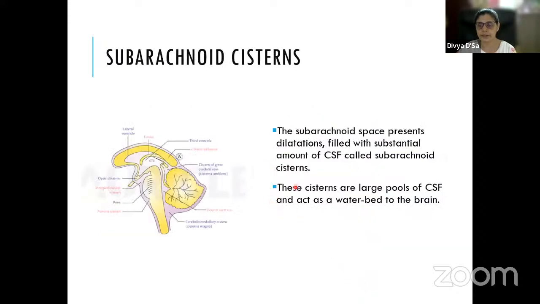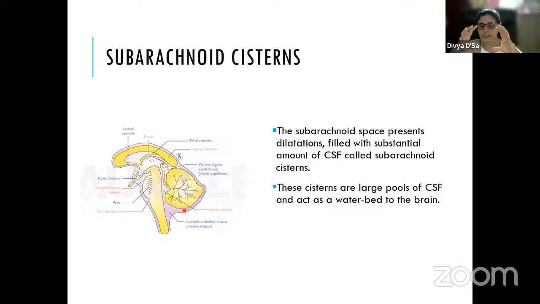Now the subarachnoid space, that is below the arachnoid mater, presents dilatations which are filled with a substantial amount of CSF, which is called the subarachnoid cisterns.